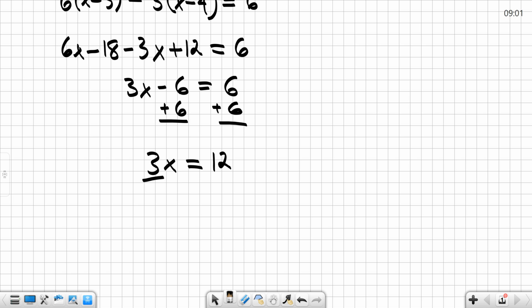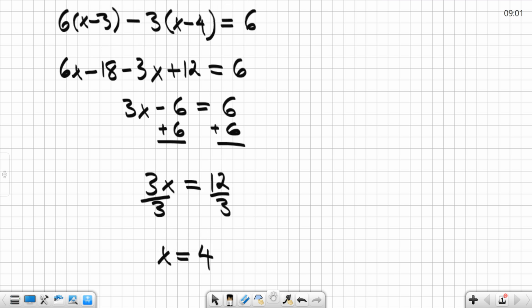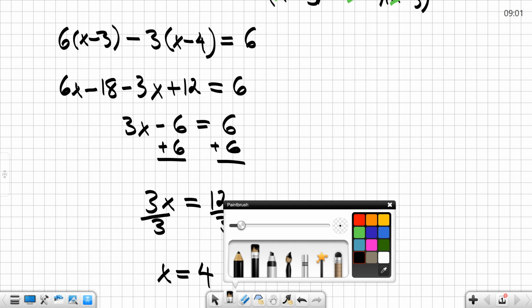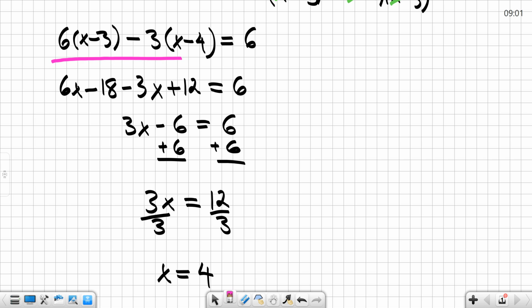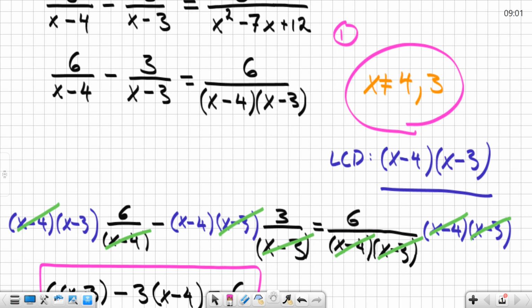Now in the last step we are dividing both sides by positive 3, and we end up that x is equal to positive 4. Now we have to keep in mind that positive 4 is the solution to this linear equation right here. But we were looking for the solution to the rational equation. And the original rational equation had a restriction that said x could not be equal to positive 4, because it would turn some denominators into zeros.